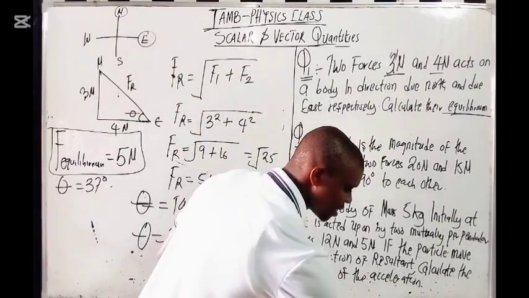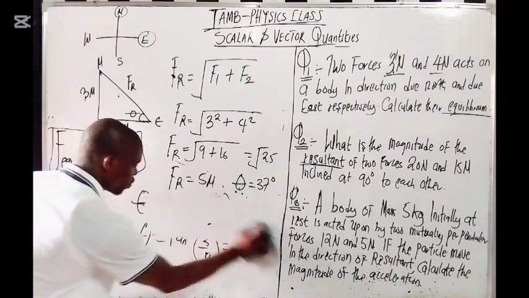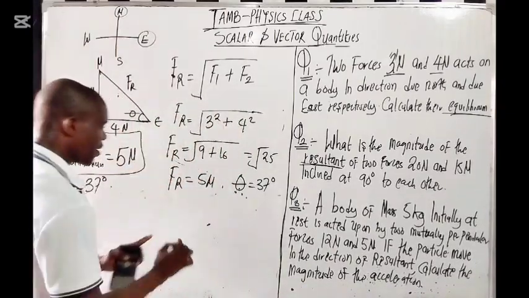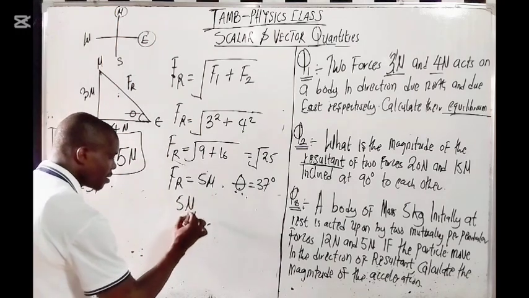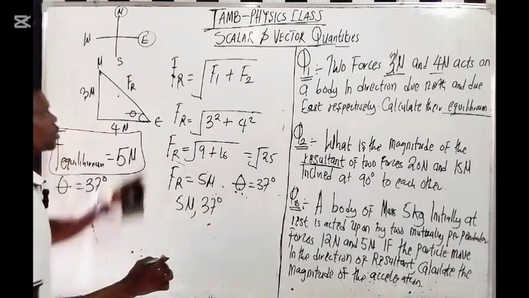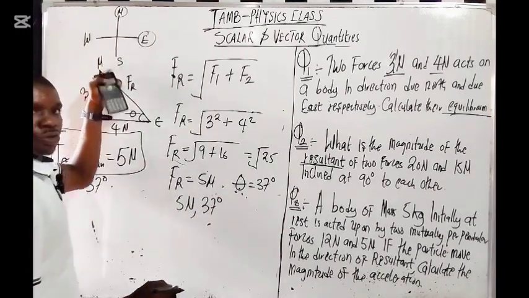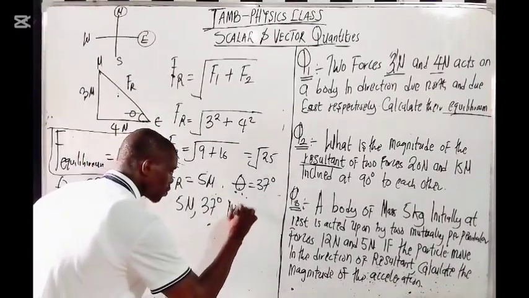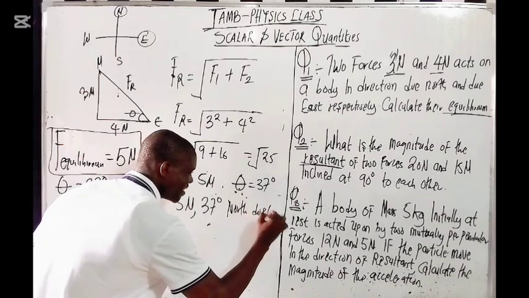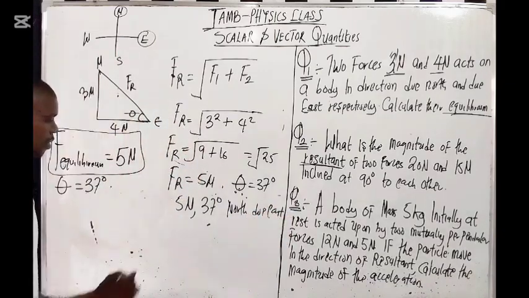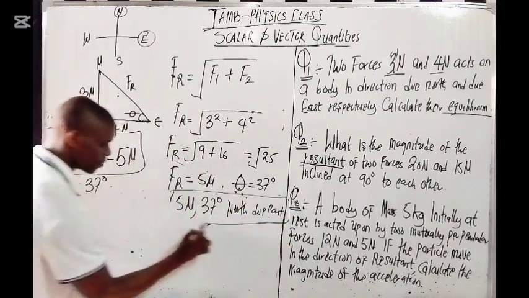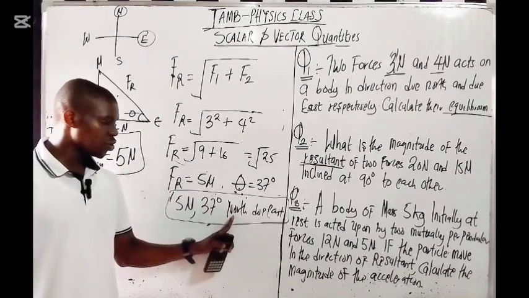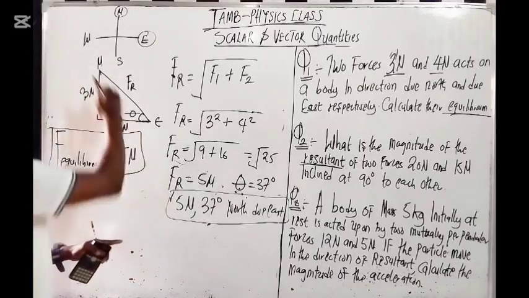If you want to write it in a way that you understand, you're going to say 5 Newton, 37 degrees, north of due east. This is what you are going to get here.